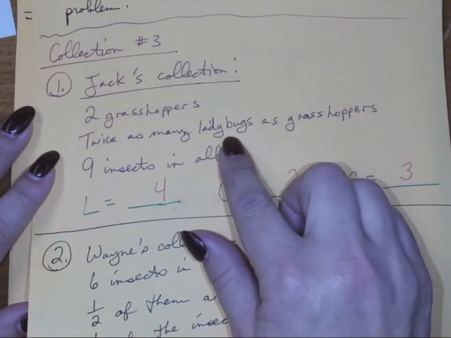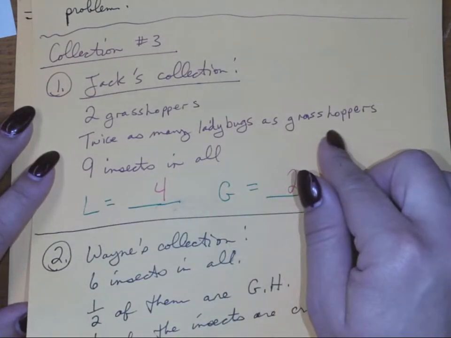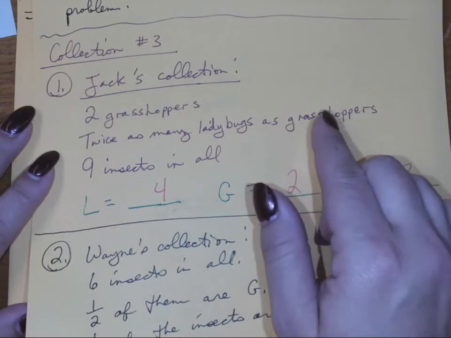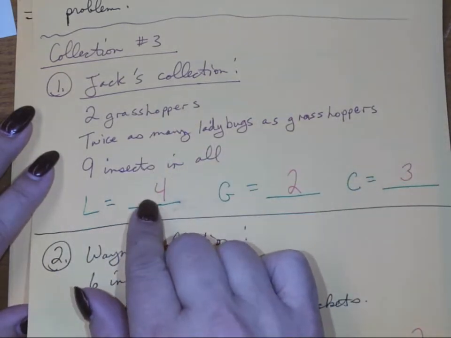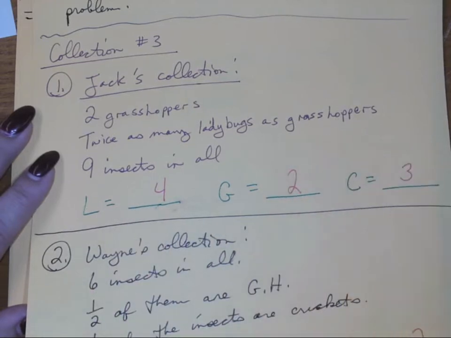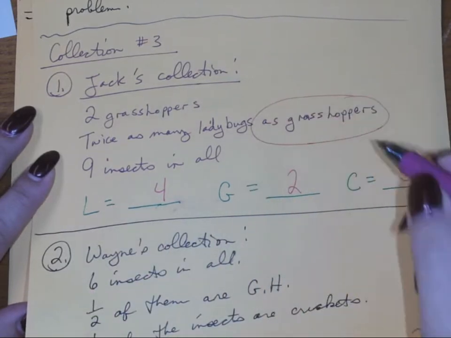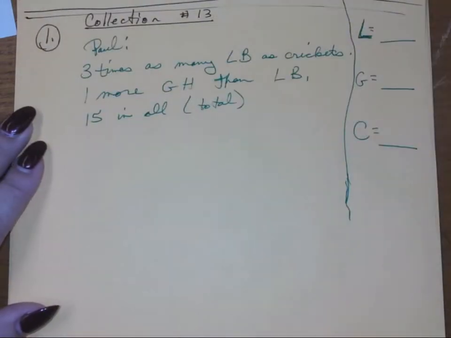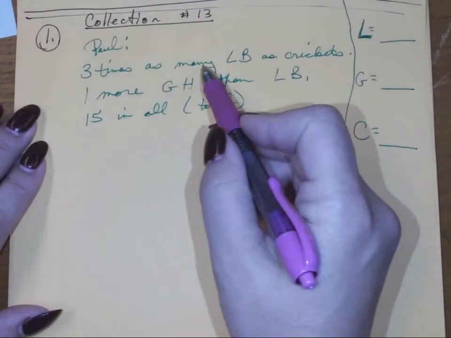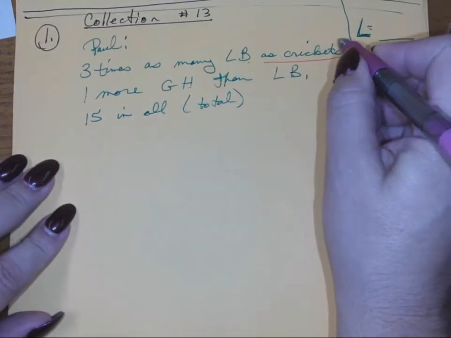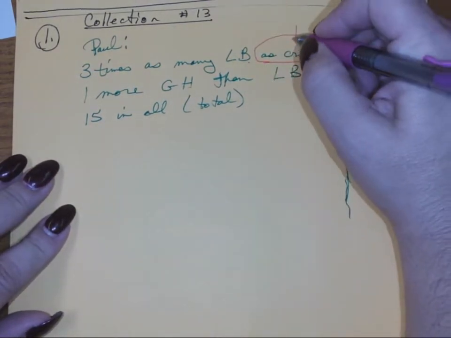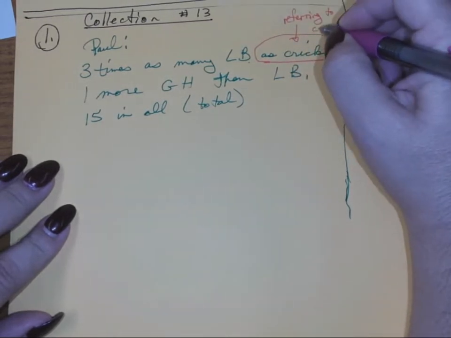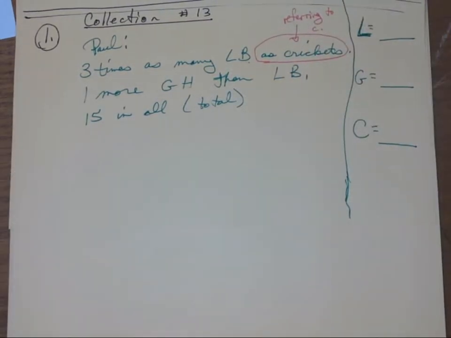Twice as many ladybugs as grasshoppers, right? That was number 1 that we did. We knew 2 grasshoppers, so we multiplied that by 2 to get the 4 ladybugs. The "as grasshoppers" bit is what told me I'm referring to the grasshoppers, right? So let's think about it. 3 times as many ladybugs as crickets. So I'm referring to the crickets. That's how I'm getting the ladybugs.